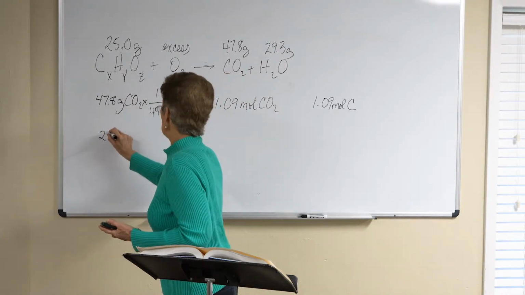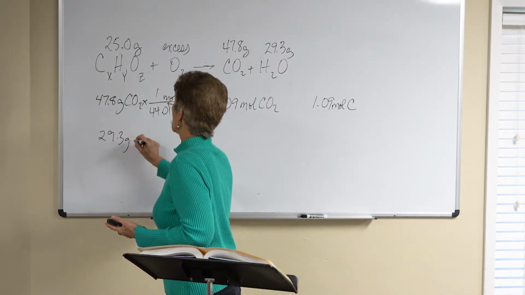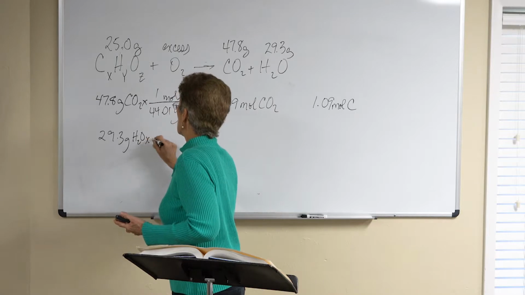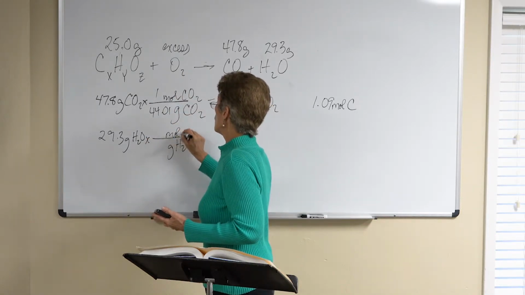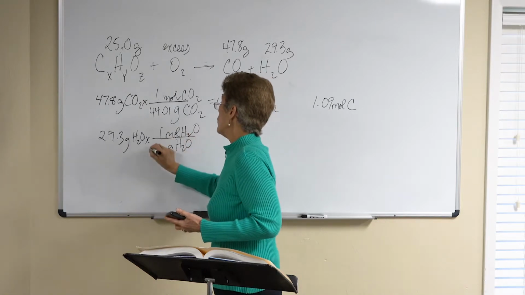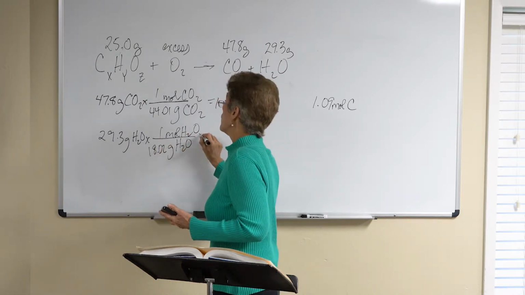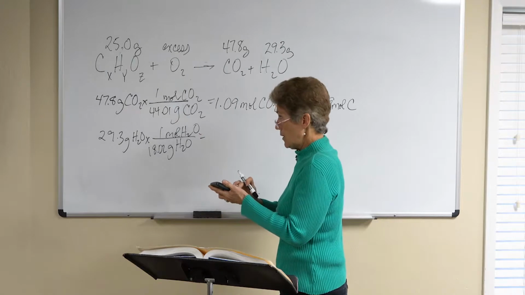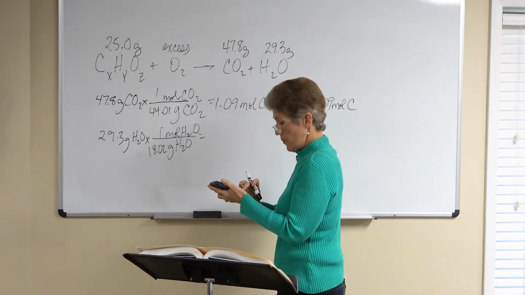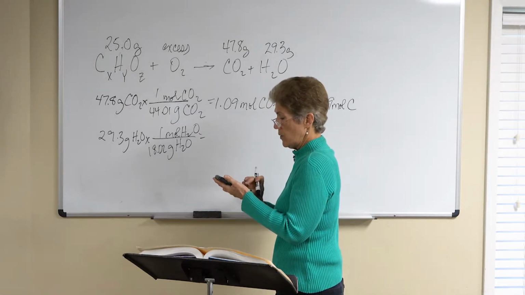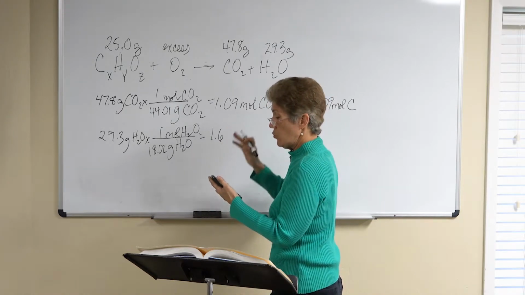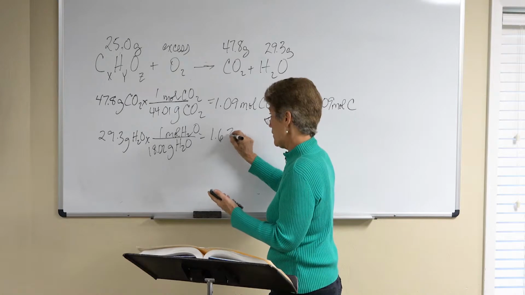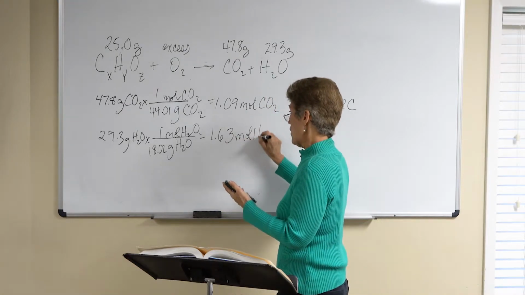I got 29.3 grams of water times, line, grams of water down here, moles of water up here. 1 mole is 18.02. That's going to give me 29.3 divided by 18.02 equals, to 3 significant figures, 1.63 moles of water.